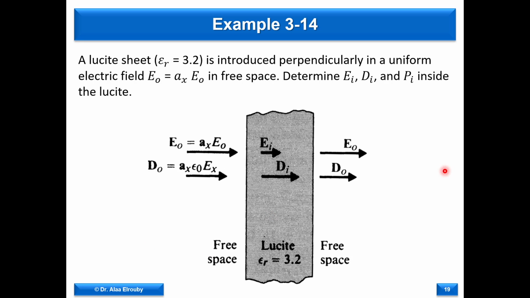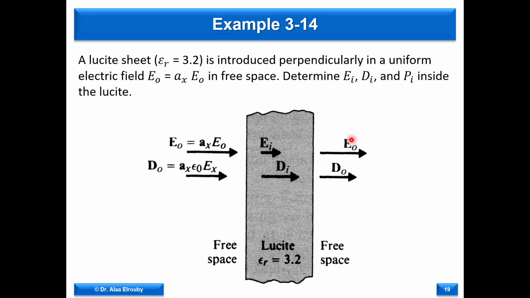Also here, I can ask you about the electric field on the outside, and you're going to apply something similar. On the outside, D_i must equal D_out on the other interface. So here we have two interfaces, interface 1 and interface 2. D_i normal equals D_out normal, because there is no surface charge here.